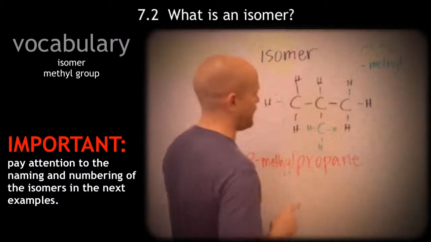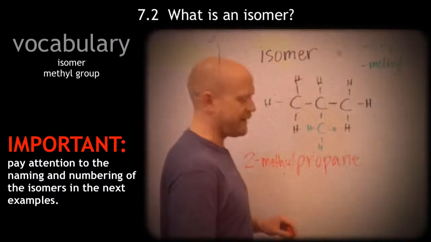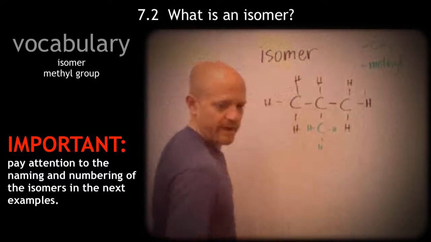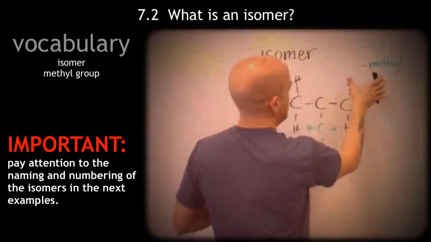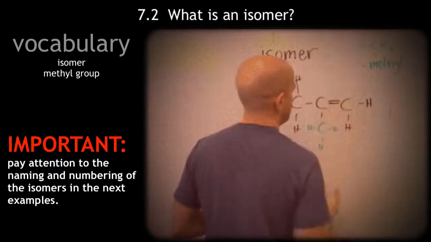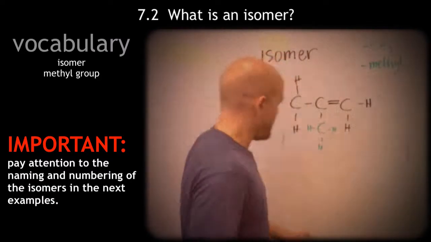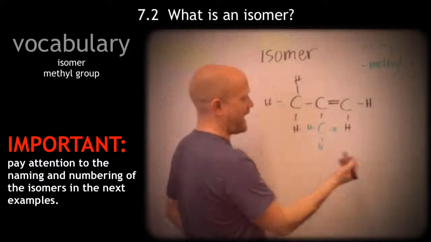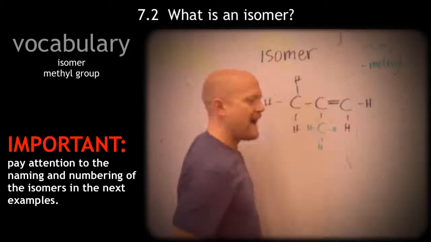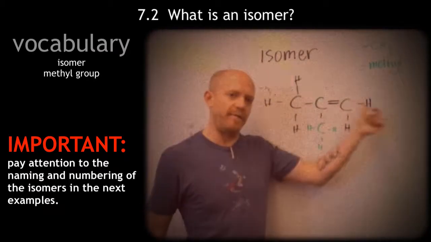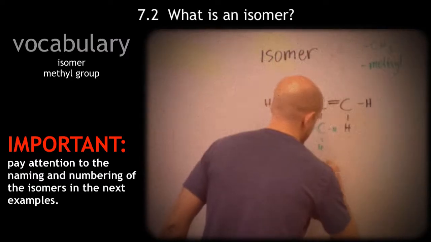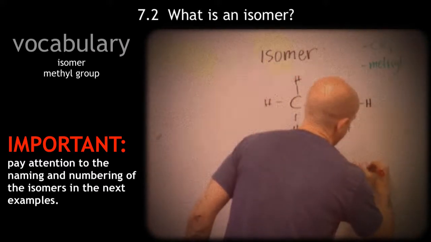Now I'm going to go a little bit more complicated. Let's just say that we have a different type of compound. We still have a 3 carbon chain. I'm going to choose the carbon chain that has the double bond, because we know how to name that. We call that one with the double bond propene.